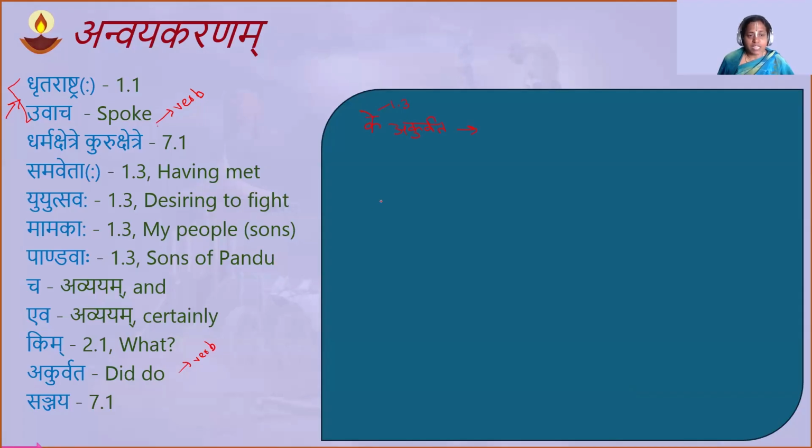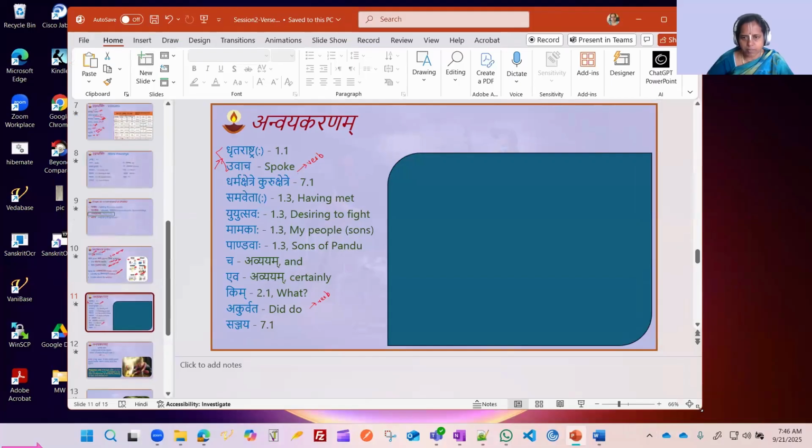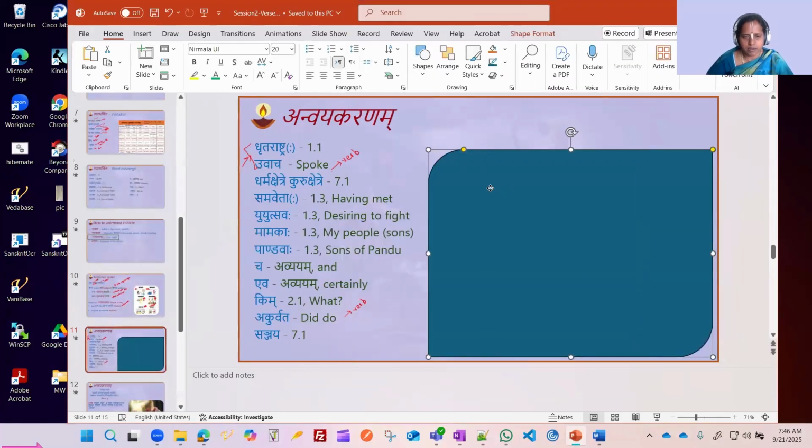Can you tell me what are in 1.3 which can be the answer for this? Kurus and Pandavas. Okay, so first the natural thing is to take these two: Mamakaha Pandavaha. So then the answer will be, I have a different way also to do this.